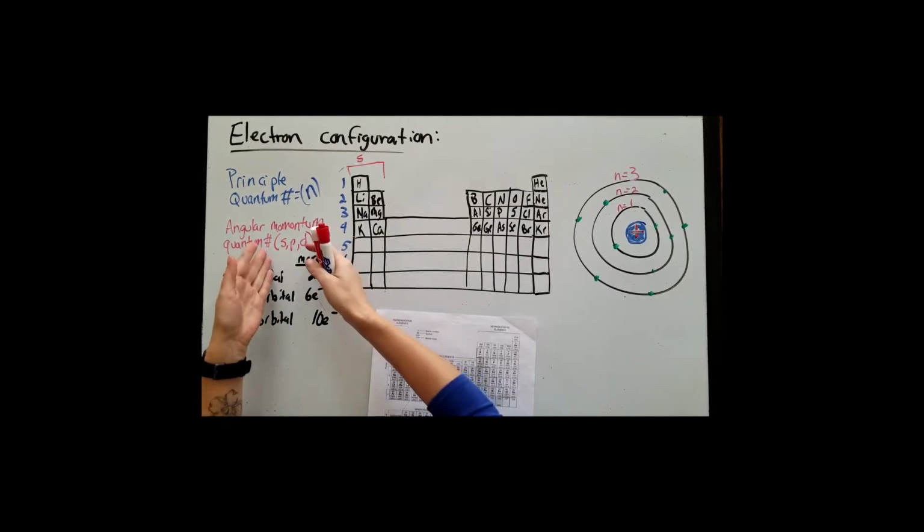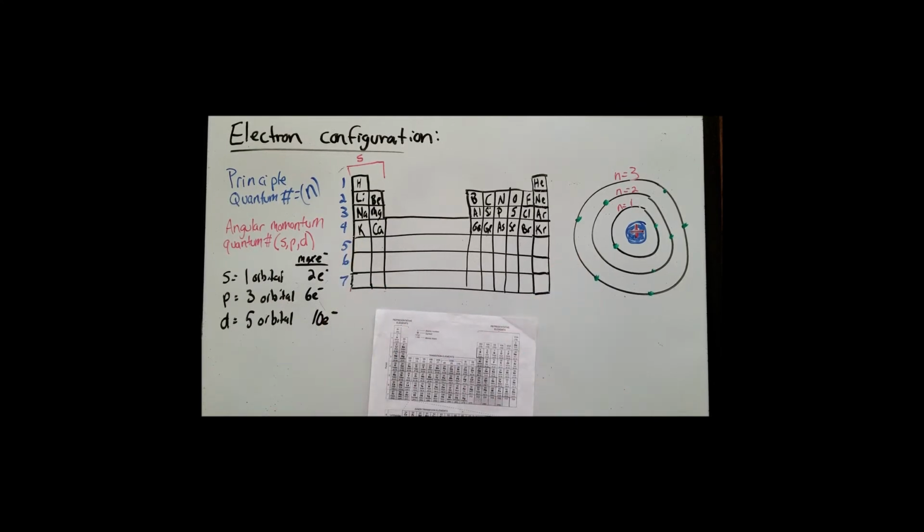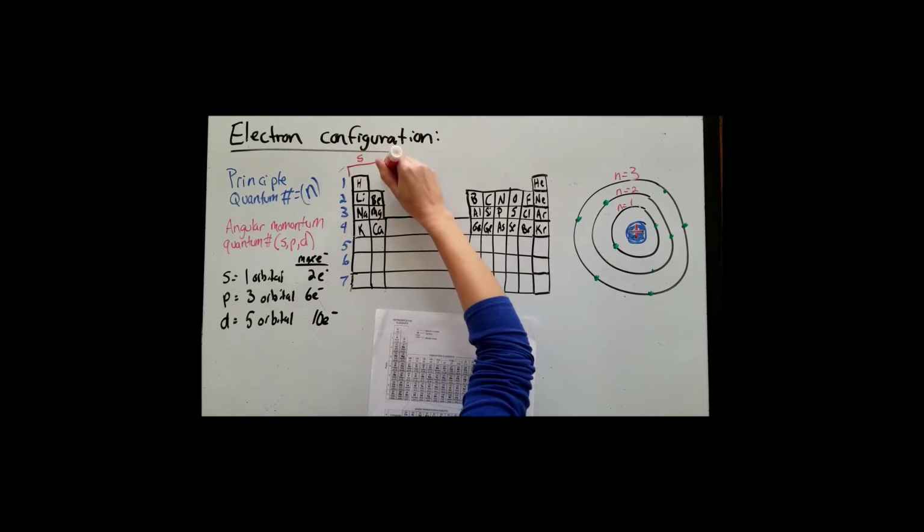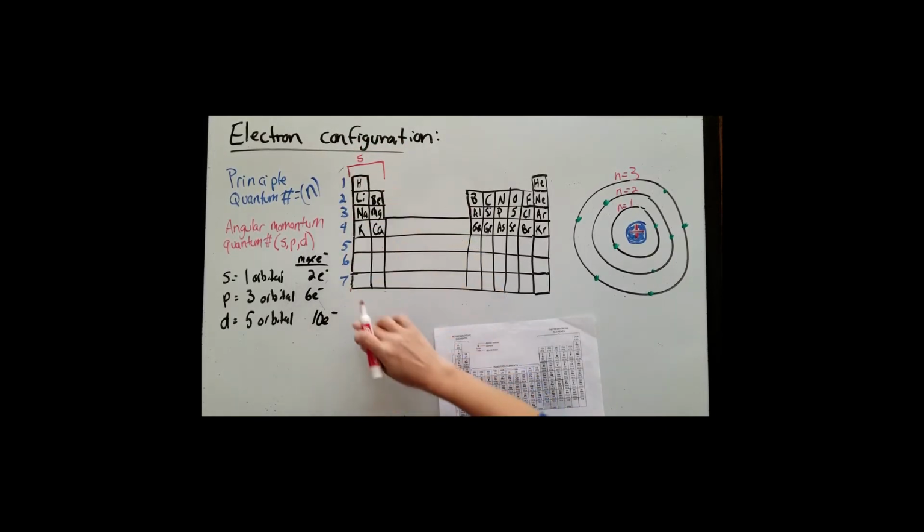Let's translate this to the periodic table. When I'm talking about S, we're going to break up the periodic table into different sublevels. The S sublevel is going to be this section here: the alkali metals and the alkaline earth metals, these 2 columns.